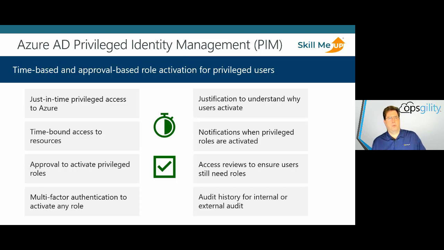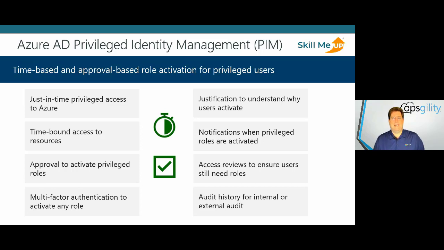It's time-based, it's approval-based, it's audited, so everybody who has been given those rights, why they were given those rights, and for how long, so that if there is a breach somewhere within that time frame, you can very easily figure out who that was in an investigation.